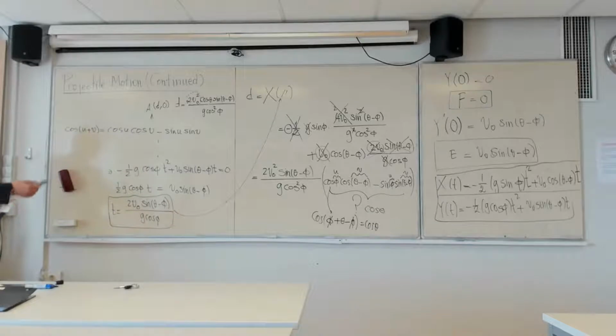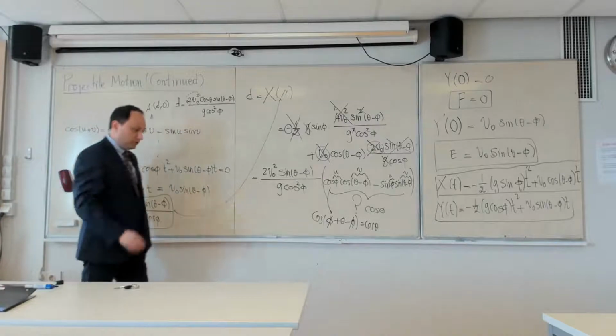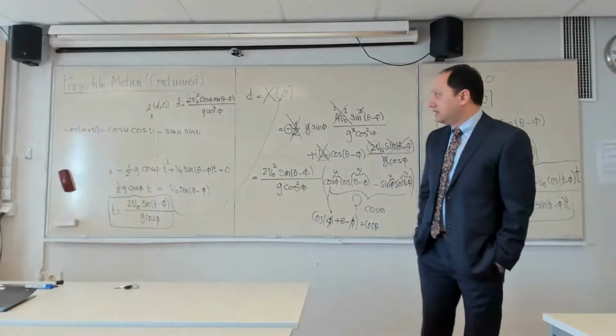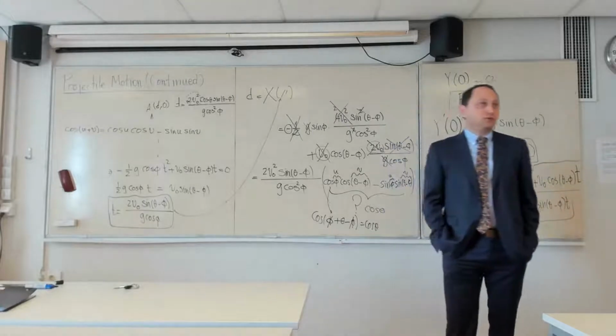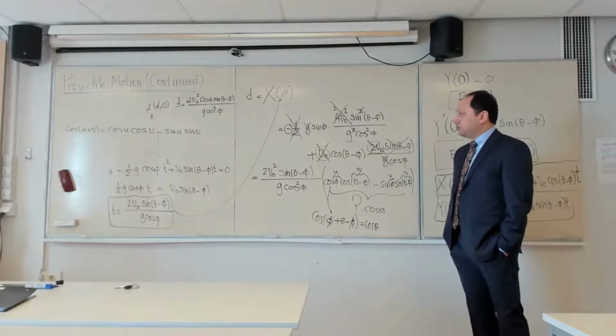So you see that the mathematics is more involved here. This is why I'm saying that it is a very important thing. Coordinate systems, from a physical point of view, it doesn't matter which coordinate system you choose to solve your problem. But from a mathematical point of view, the choice of your coordinate system is extremely important.